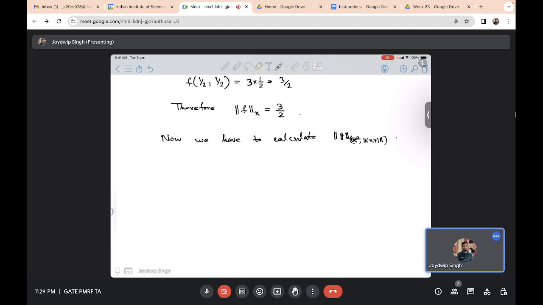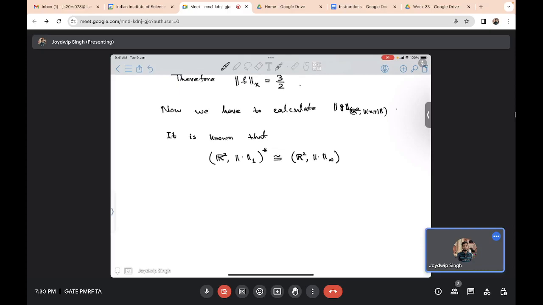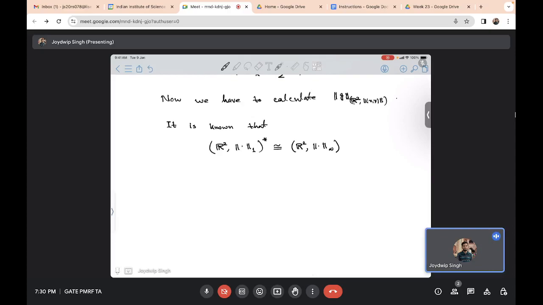It is known that the dual of R2 with the L1 norm, meaning all linear functionals on this space, is isomorphic to R2 with the L infinity norm, and this is isometrically isomorphic.